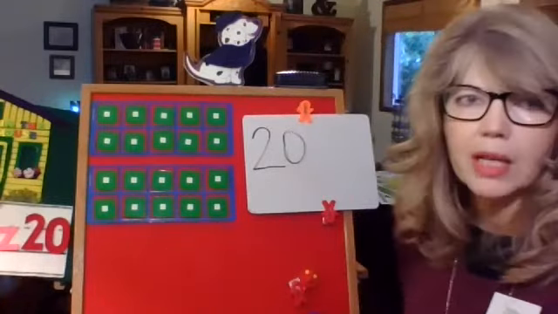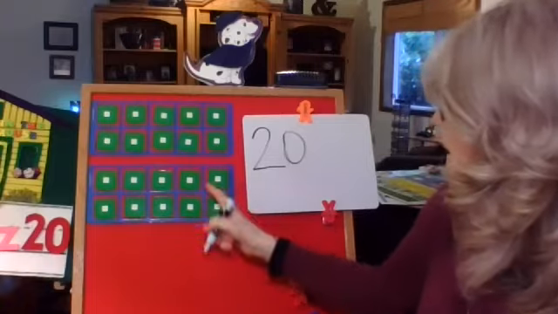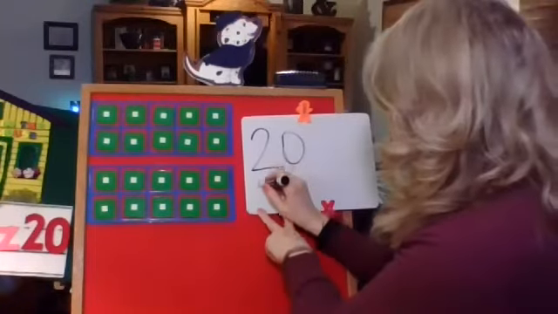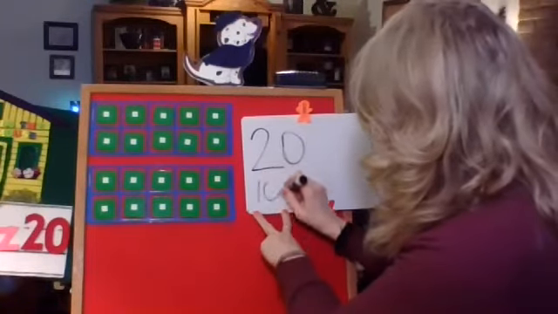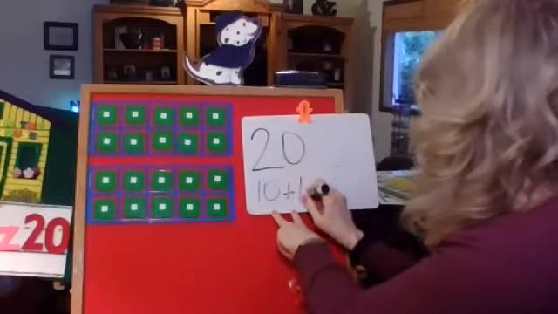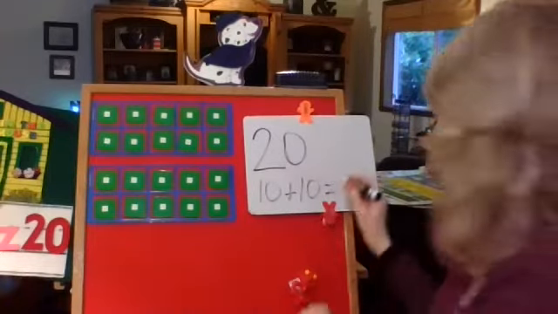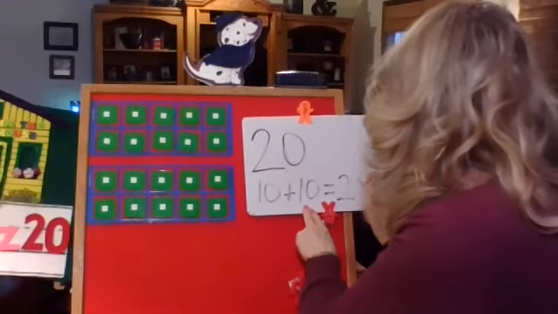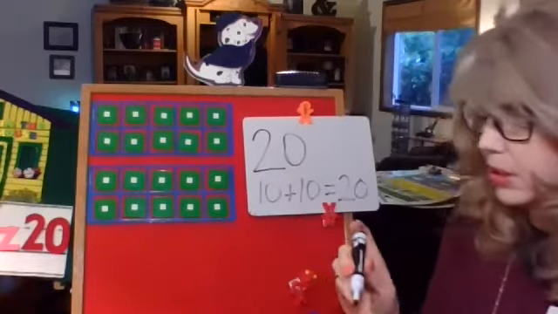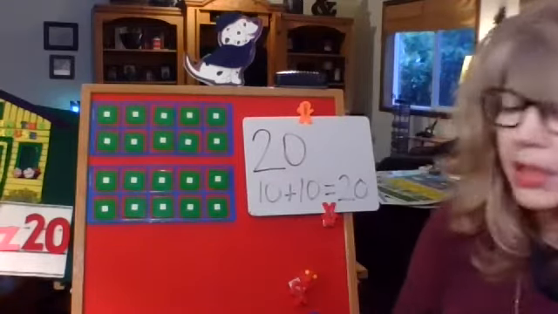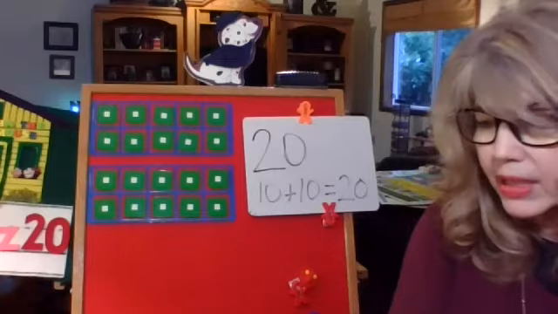I just made the number 20. 10, 20. So 10 plus 10 equals 20. Yes, 2 10 sets equals 20.